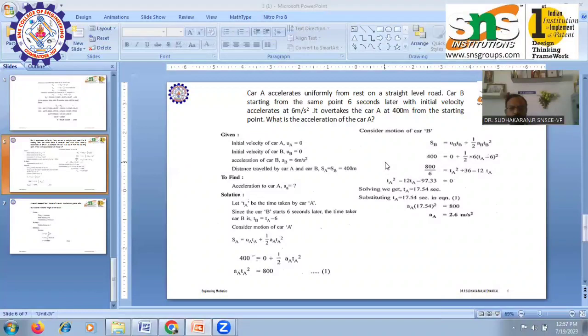Now I am considering the motion of car B. Car B also covers the same distance, so it's 400. The initial velocity of car B is also 0, so the term gets eliminated. Half into acceleration of car B, which is 6, into TB, where TB is equal to TA minus 6, the whole square.